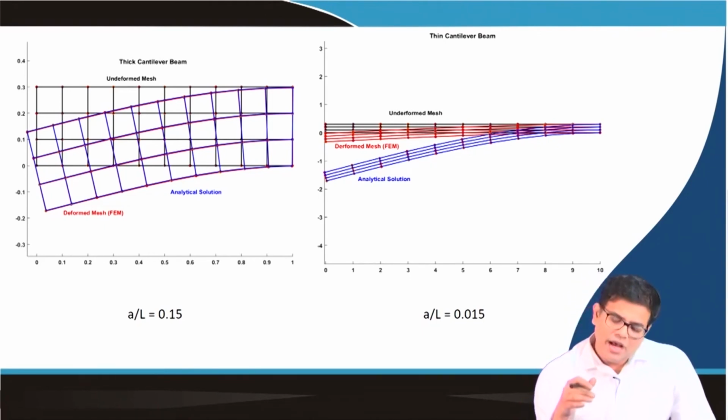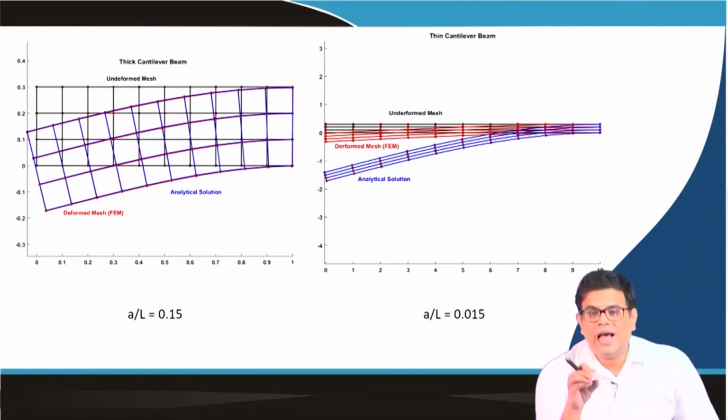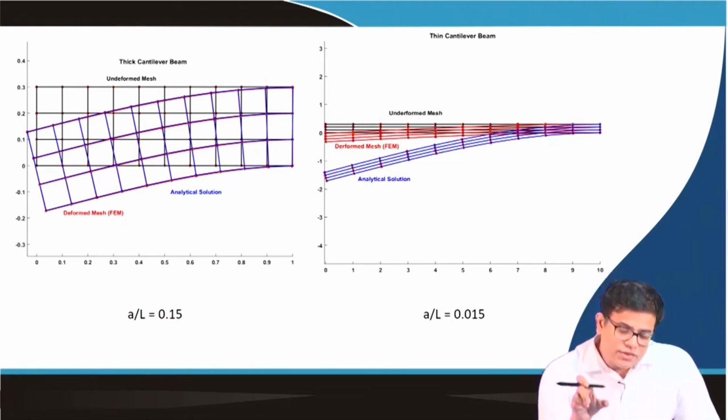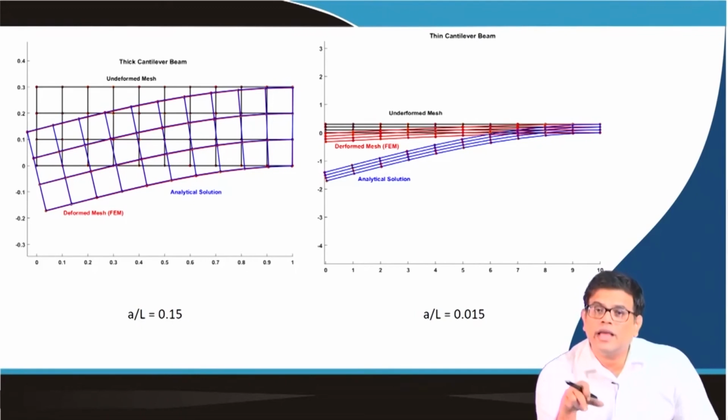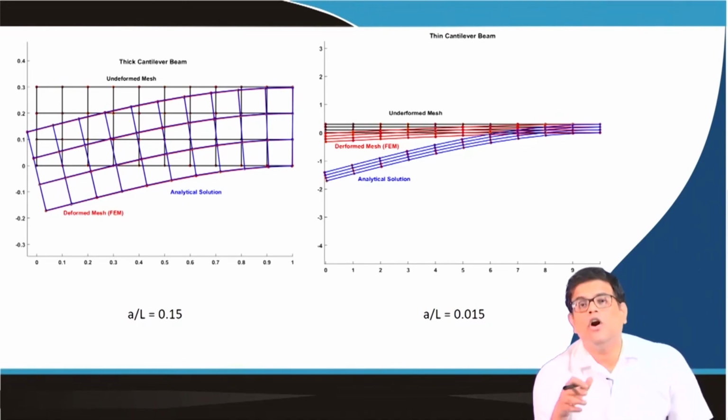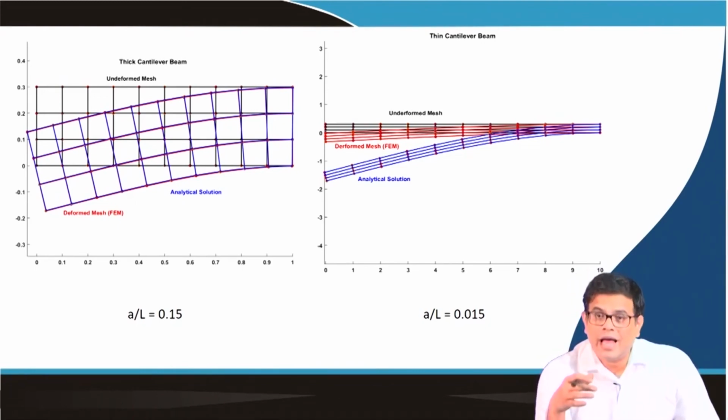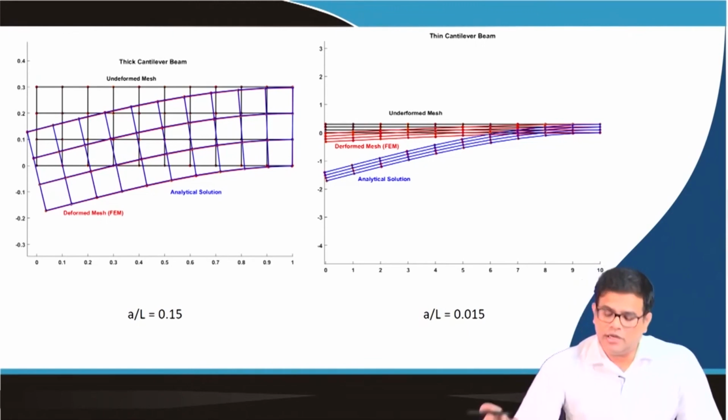So that's why it is important to know why this 4-noded element cannot be used with full integration, for instance for the thin beam limit, or why this element has some specific bending behavior. So let us see that.